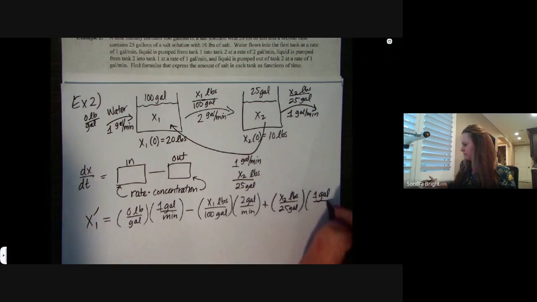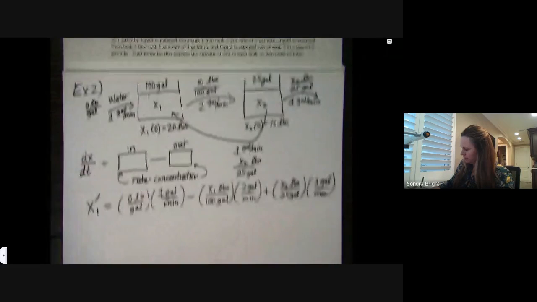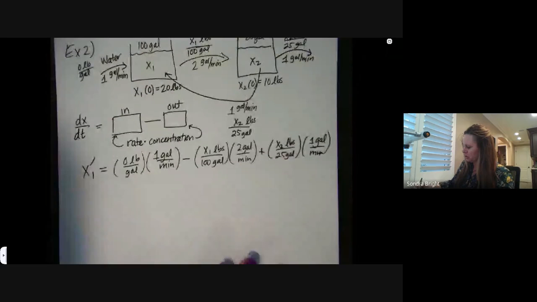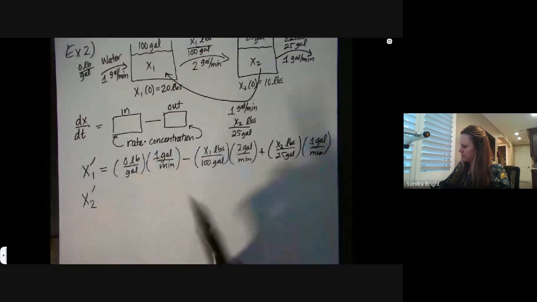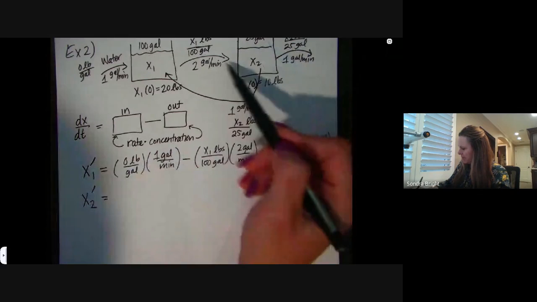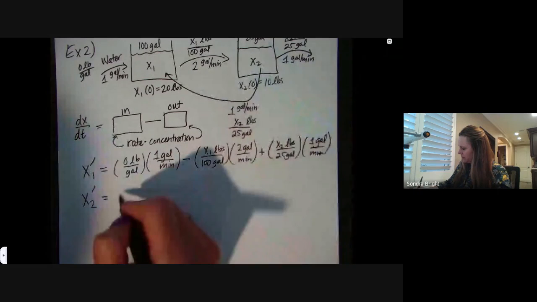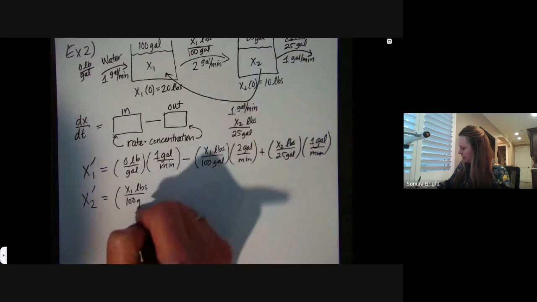I'm going to simplify those, but before I do, let's write out the second one, the change in x2. Tank 2 has coming in x1 pounds per 100 gallons times 2 gallons per minute.